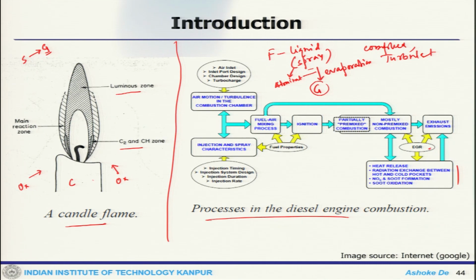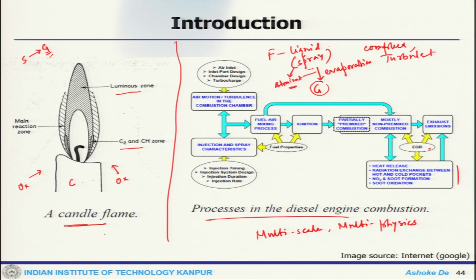But as soon as you move from the simple example of candle burning to a diesel engine, which is a more realistic situation, the complications increase in different manifolds and on different time scales. In one case your solid has to go to gas and then burn; here your liquid has to go through the atomization process. So, this is a clear example of a multi-scale, multi-physics problem.